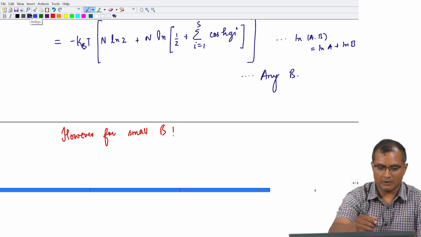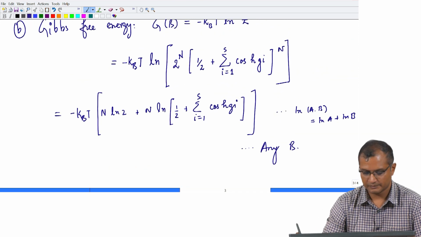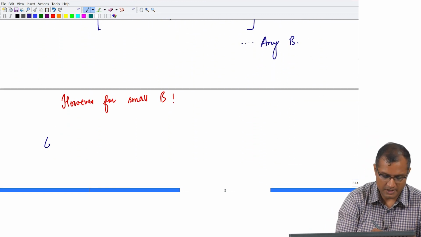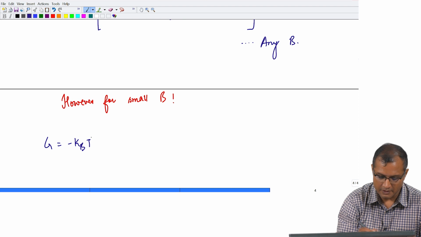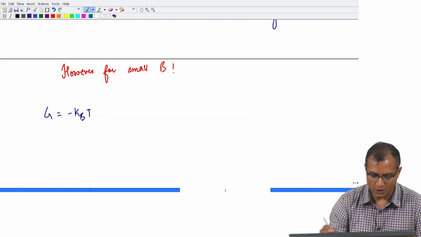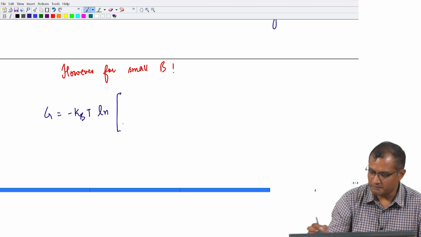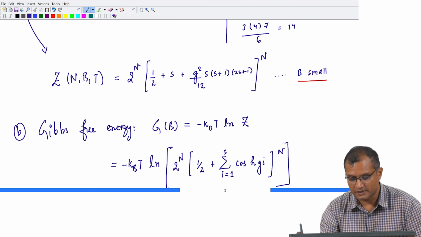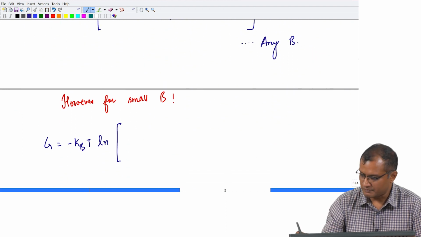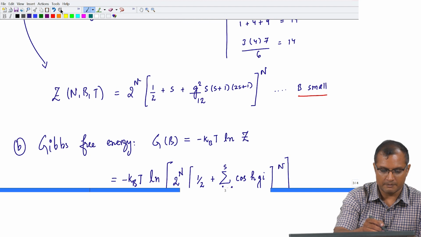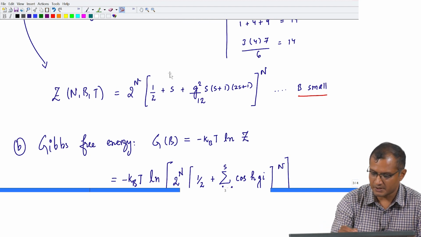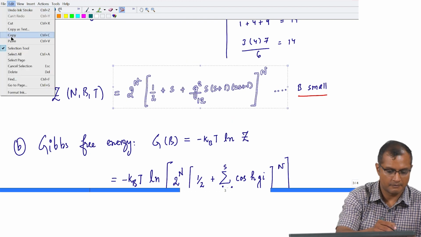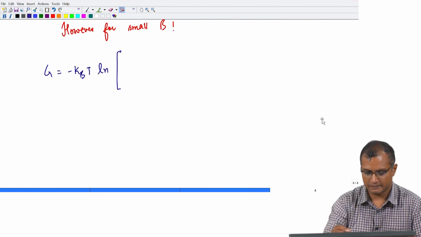So we can use that approximation and compute the Gibbs free energy. I can write down my G as negative kBT times the logarithm of the partition function that is already pre-computed here for the small field approximation, which is, since I am lazy, I am going to copy this entire expression and simply paste it here.